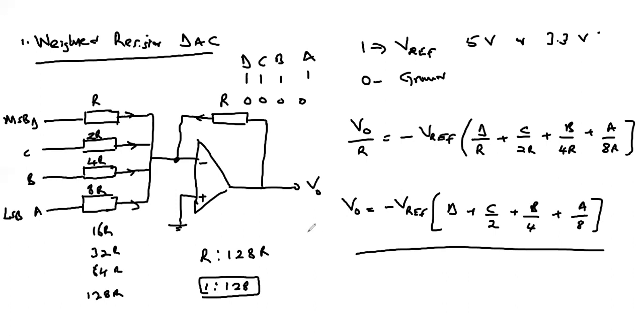To avoid this, we modify the weighted resistor DAC to form the second type of the DAC called the modified weighted resistor DAC.